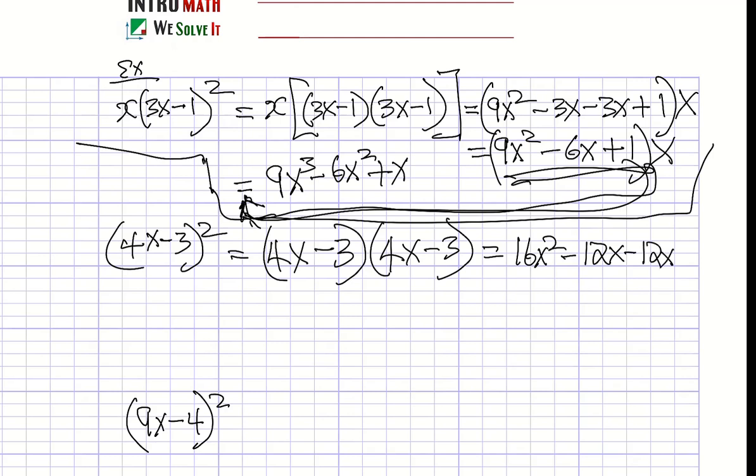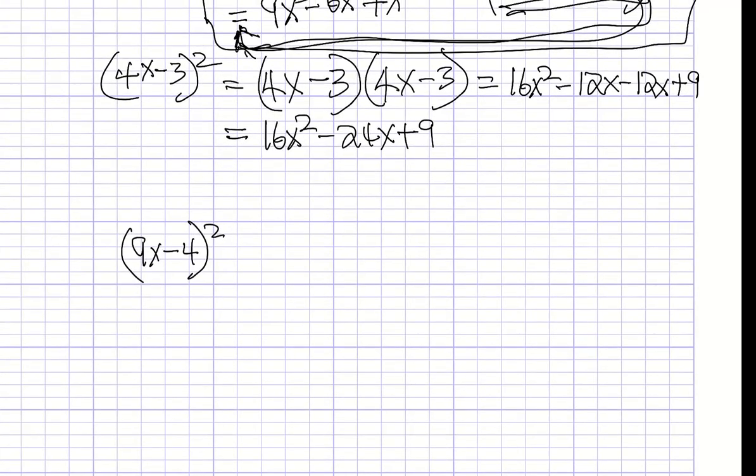Negative 3 times negative 3, you get plus 9. You simplify that, you get 16x squared minus 24x plus 9. So that's how you do it.